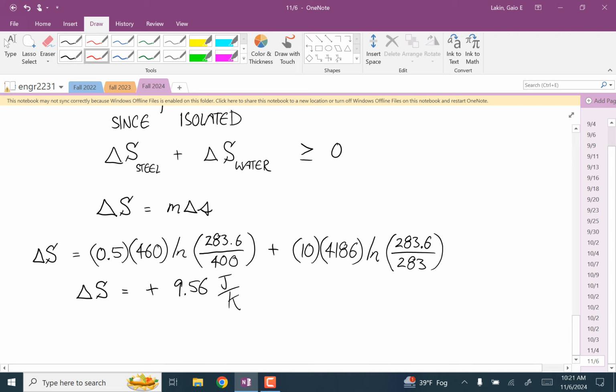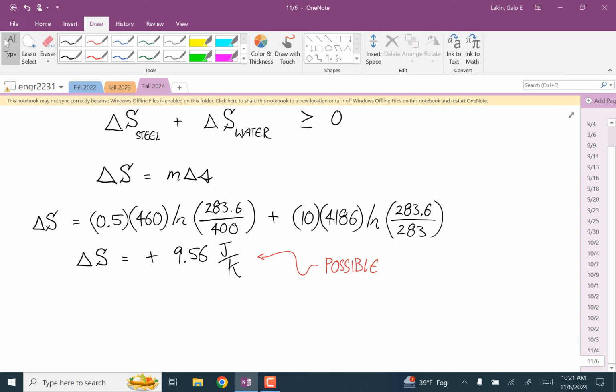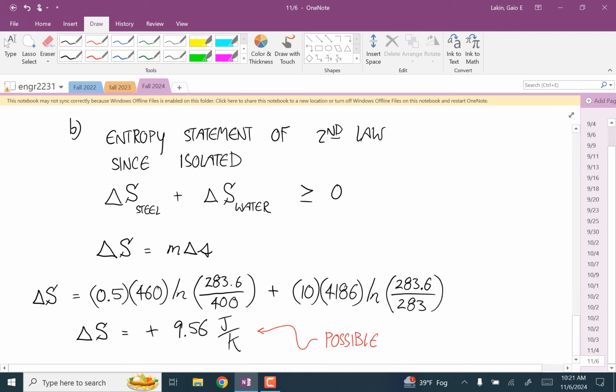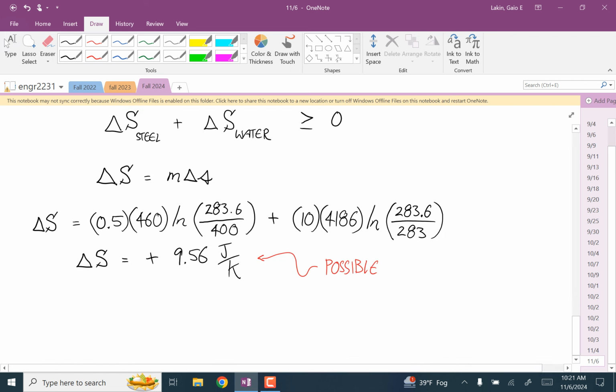So this one is possible. So then the way to check would be to just flip it? Yeah, exactly. This is the one that's going from different temperatures to the same final temperature.